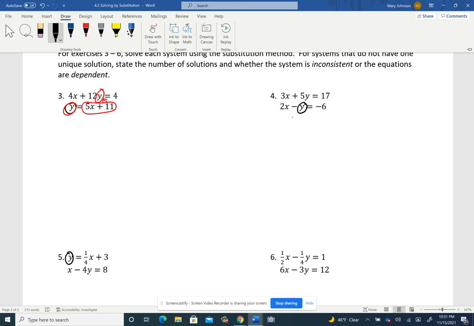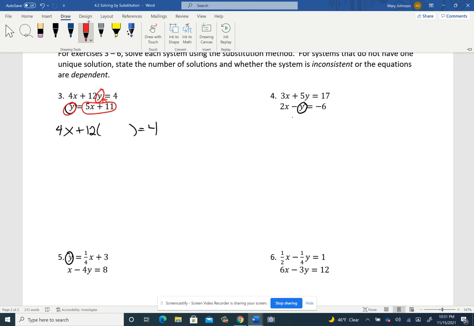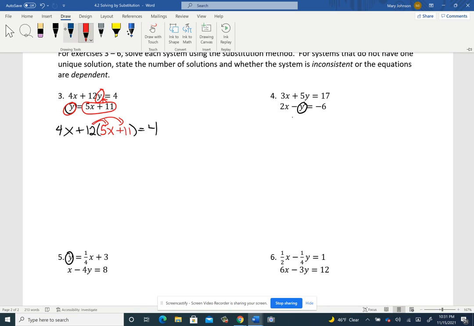So I'm going to take that top equation, and right where the y used to be, I'm going to put 5x plus 11.